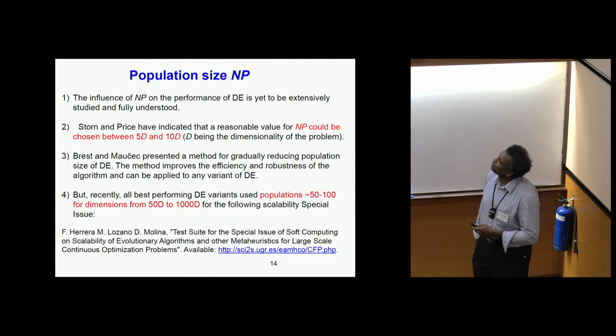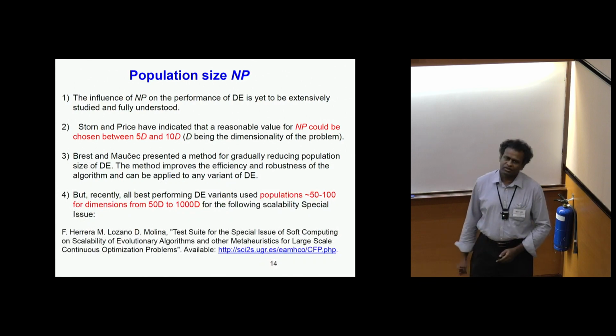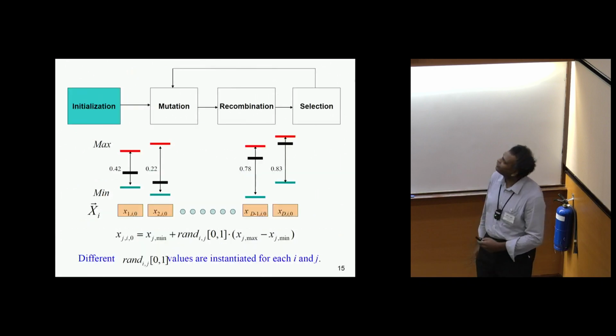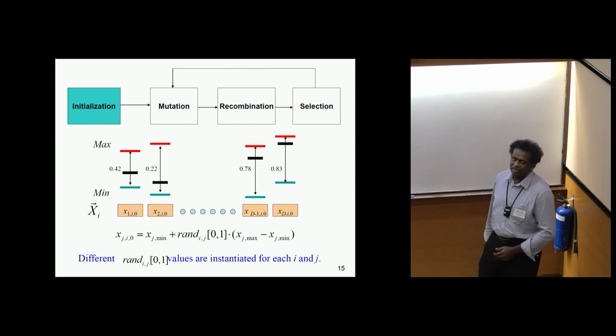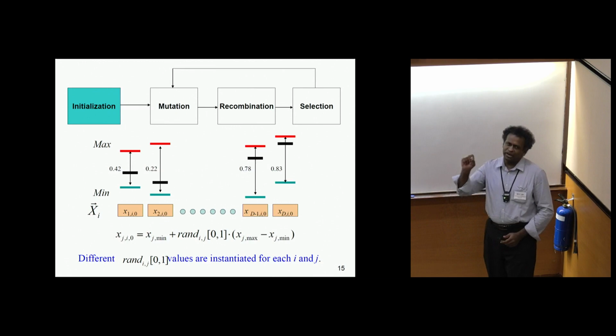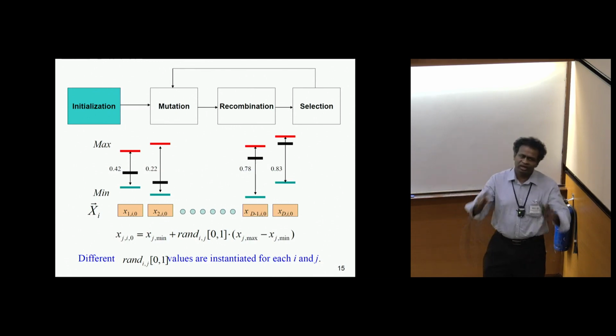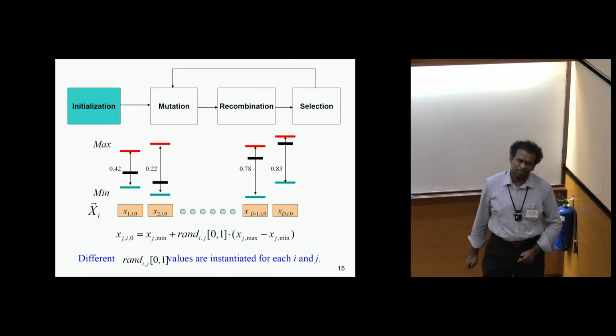So this is for the population size. Once you decide on the population size, then you have to initialize the values. The initialization is usually done by randomization. When you look at the population, you have a 2-dimensional matrix, with capital D number of columns and NP number of rows.